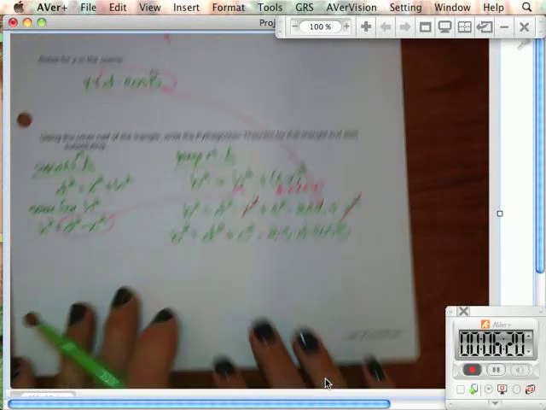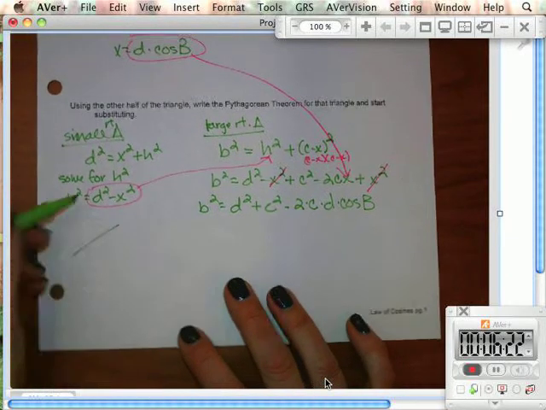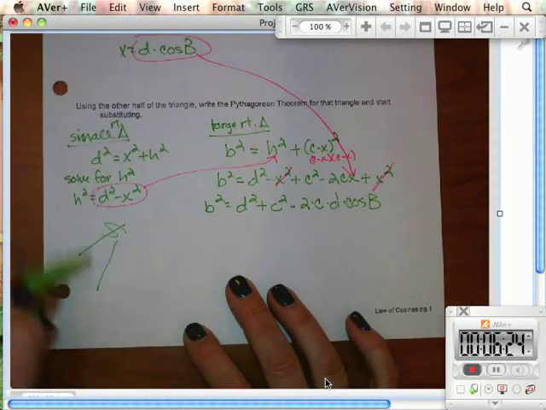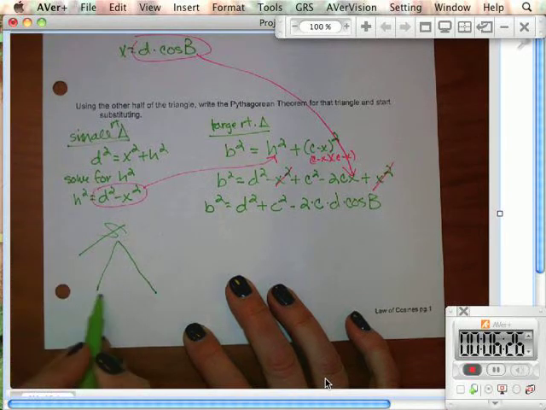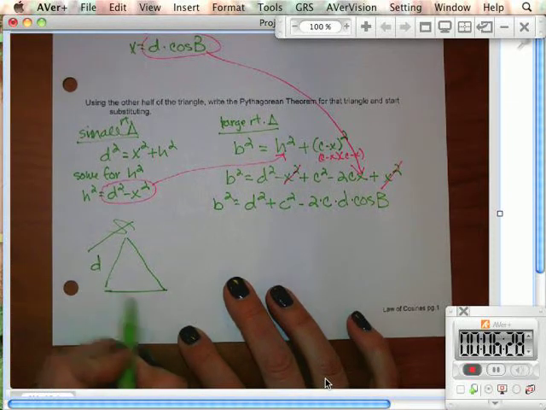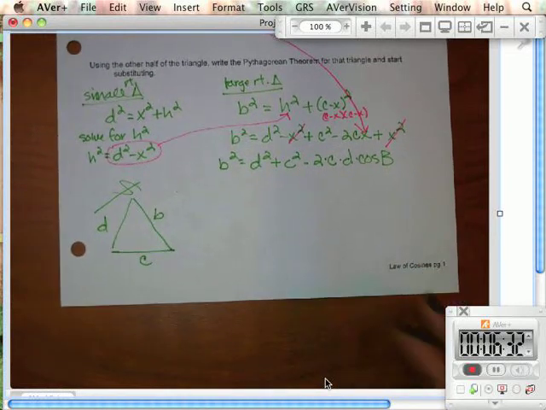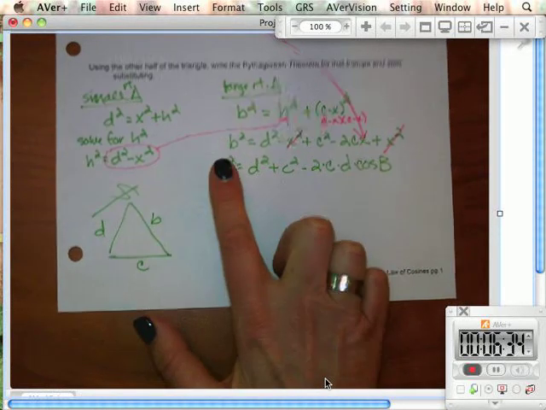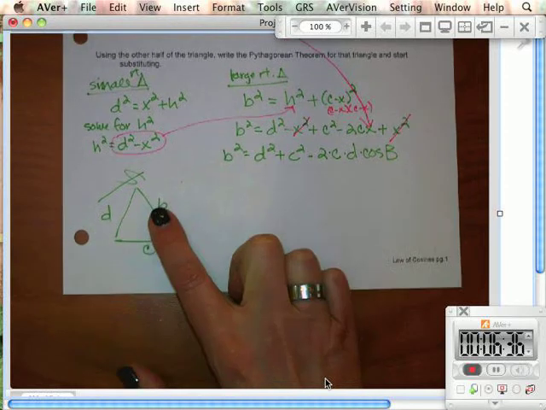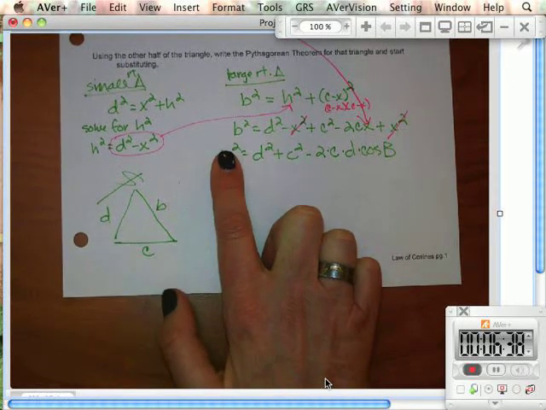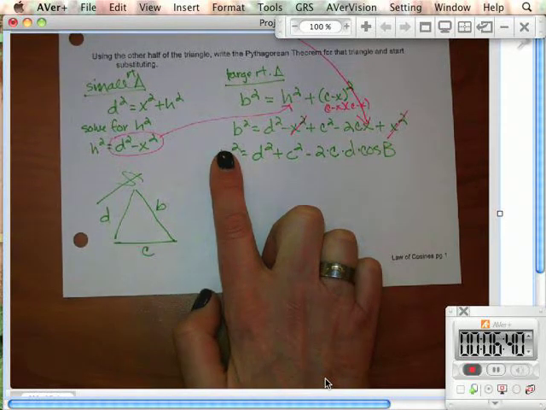Okay? So I'm going to redraw this triangle up here. It's not beautiful, but this is D, this is C, this is B. Oh, what do you notice here? Let's say we have B squared on the outside of the equal sign, right? Look what's on the other side.